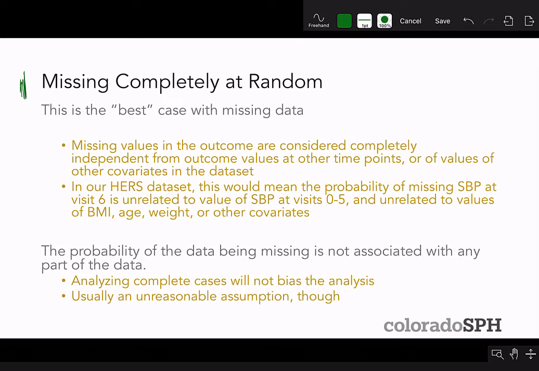Basically, the probability of the data being missing is not associated with any other part of the data. And the reason that we say that this is the best case is because it means that analyzing complete cases will not in any way bias the analysis. So you can kind of use any type of analysis you want, and it's not going to be biased due to missingness. However, this assumption is usually pretty unreasonable to actually make.